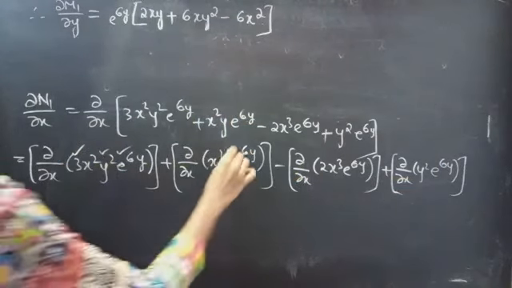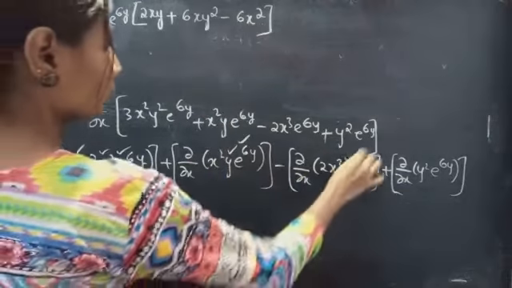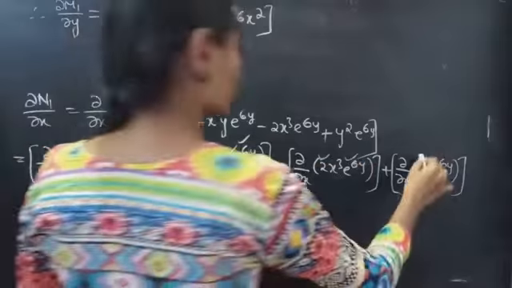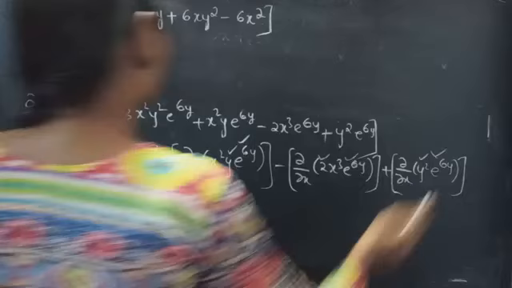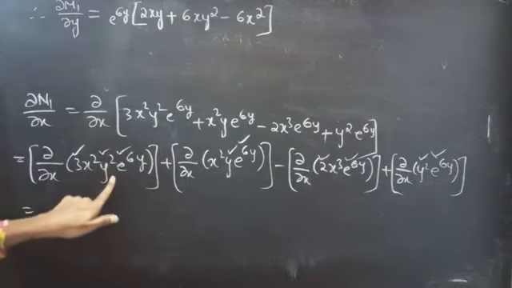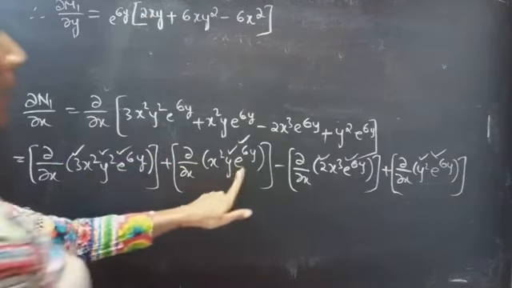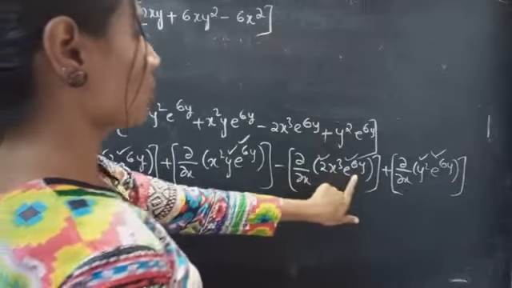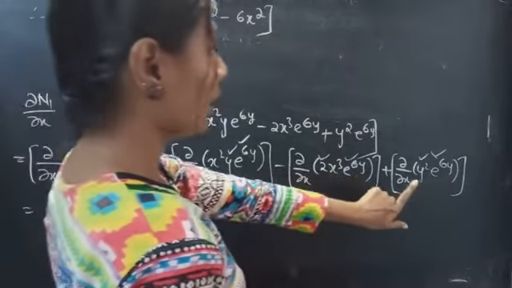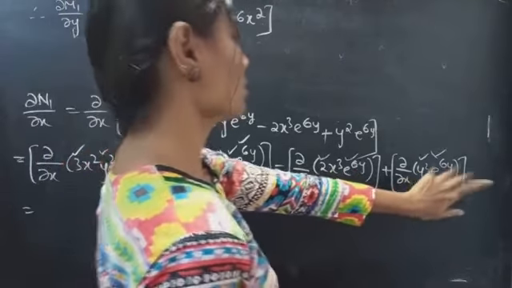constant. Here 3y square e power 6y, y e power 6y, 2 e power 6y and y square e power 6y are constants.